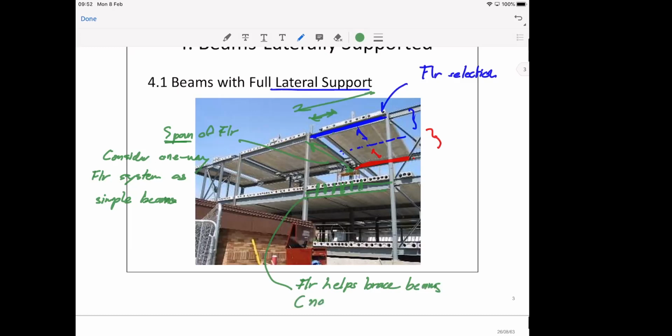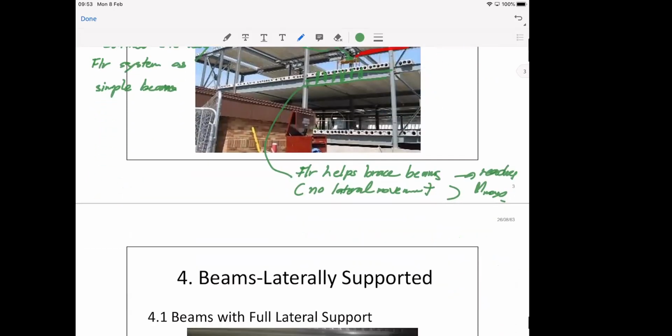So the beam has no lateral movement. When your beam does not have any lateral movement, it means that your beam will reach maximum capacity, M max. So now when we say we have the system where the beam is fully laterally supported, we can focus only on the maximum moment that the beam can carry.